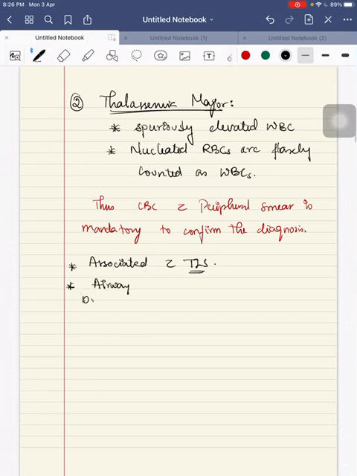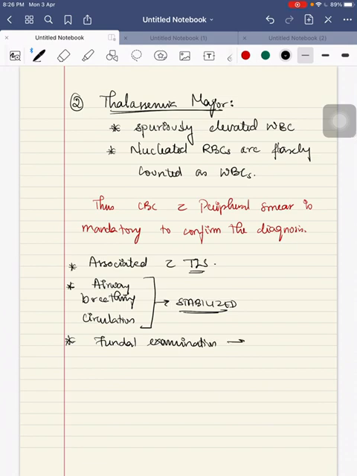Before doing the main intervention, you have to take care of airway, breathing and circulation. Everything should be stabilized.